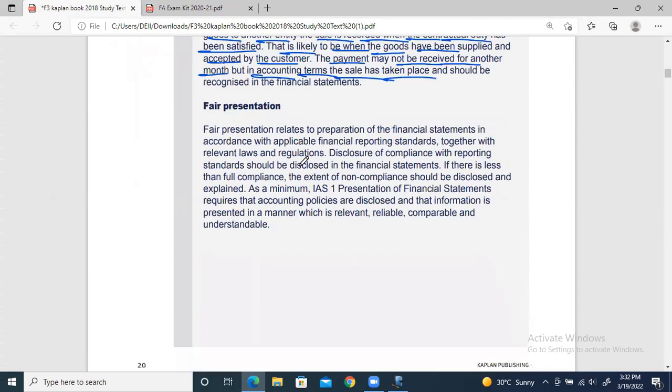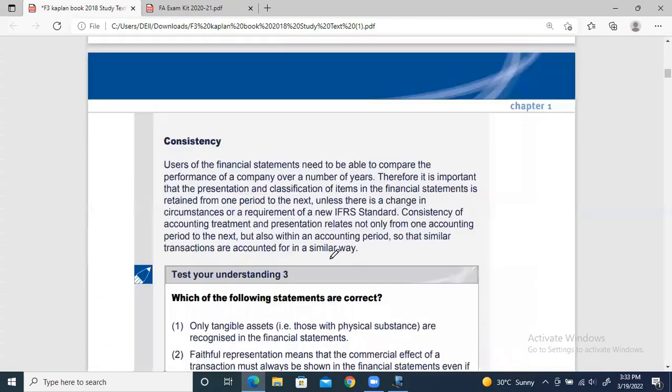Okay, fair presentation we've already looked at above, right? That everything needs to be reported as per the IFRS and IAS, as per the accounting standards. Nothing should be blurry over here. Everything should be clear, right? So this is the meaning of fair representation. And finally we have consistency. Again, consistency we also discussed above, that this means the user should be able to compare the performance of the company.